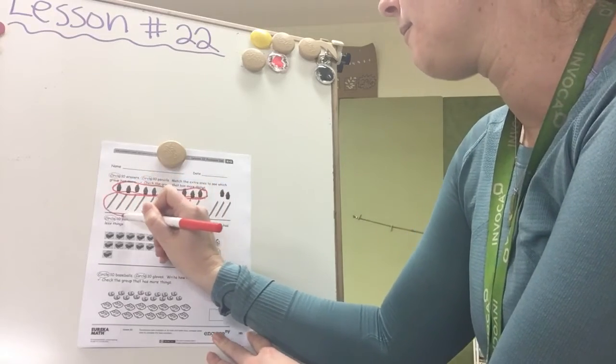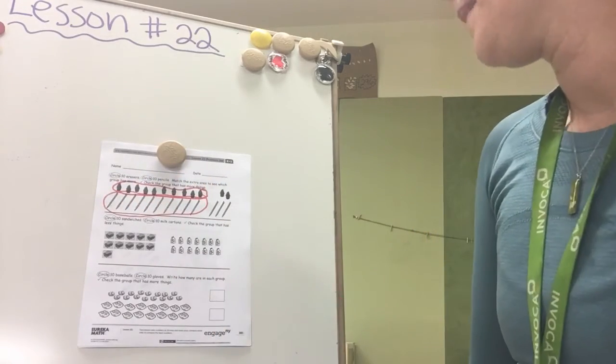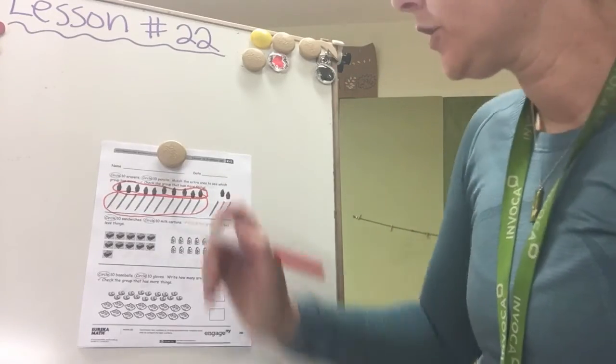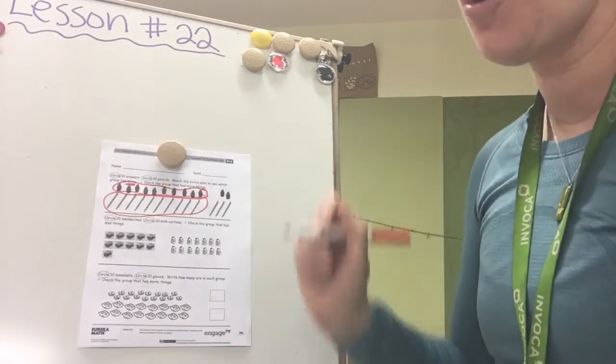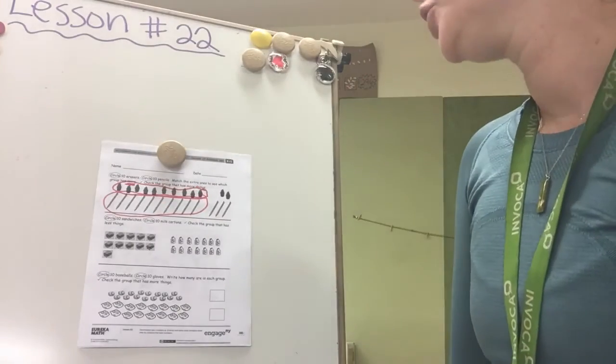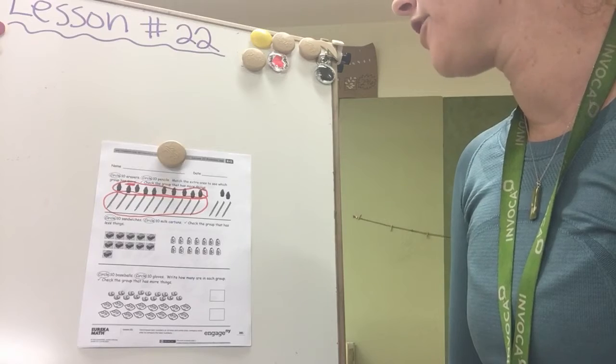Match the extra ones to see which group has more. So the key word is more. Check the group, like a check mark. Check the group that has more things.